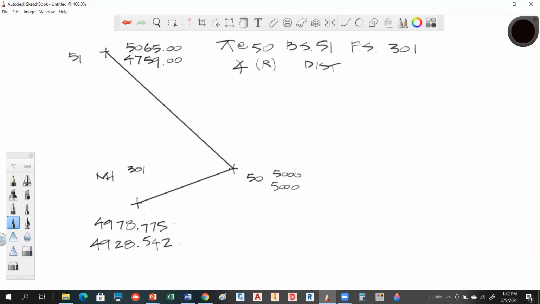So can anybody tell me how we do this? Well, how can we get an angle between these three points? Known coordinate, coordinate, coordinate. Any suggestions?